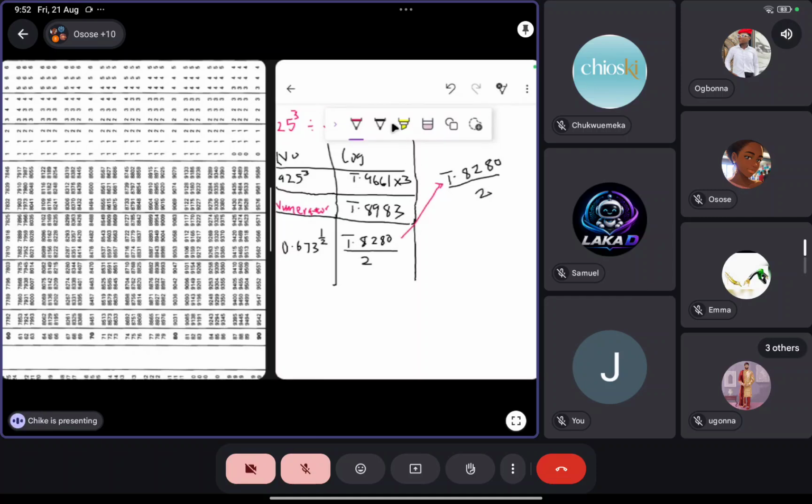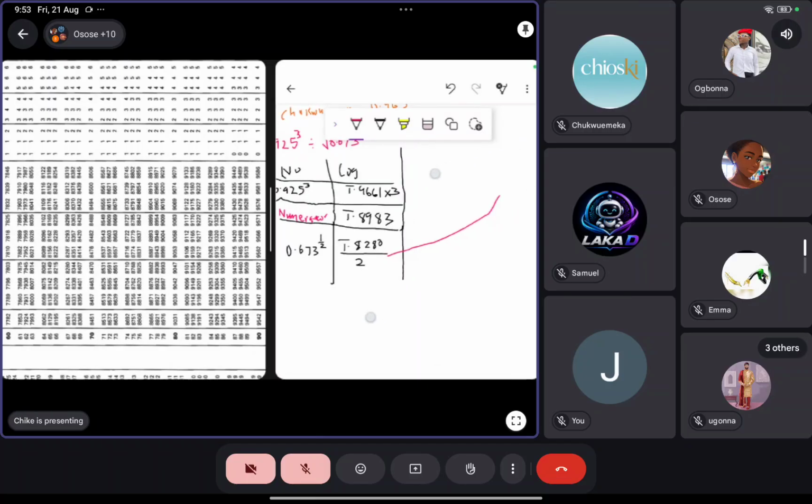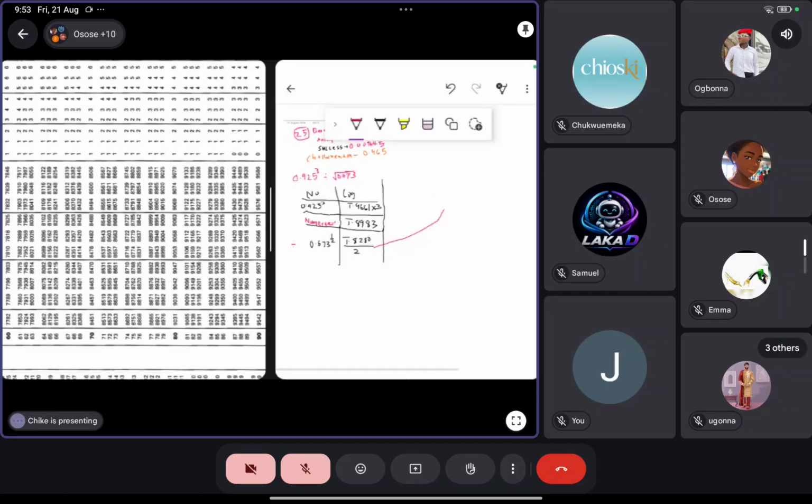In order to divide this by 2, I will separate them. But to separate them, I know this will be bar 1 over 2. Wait, sorry, I just thought of something because I'll need this space for something. Let me take it a little bit further. All right.